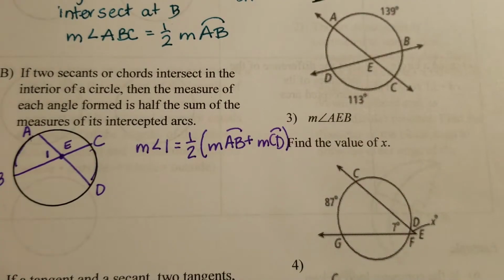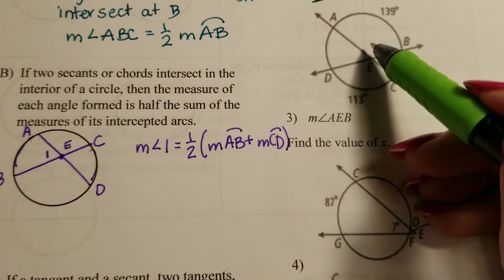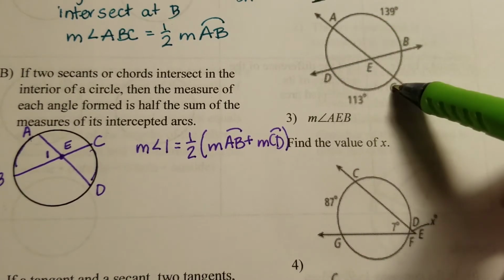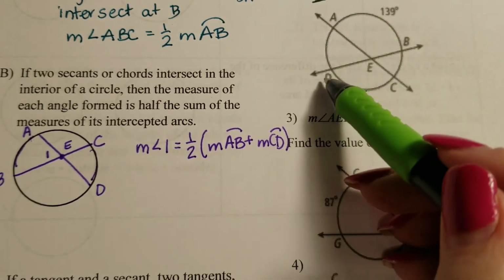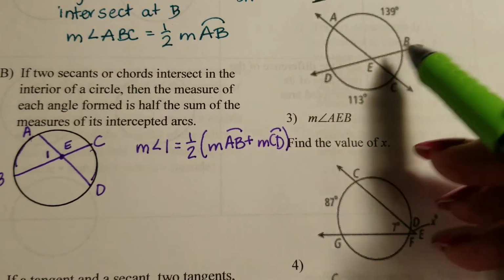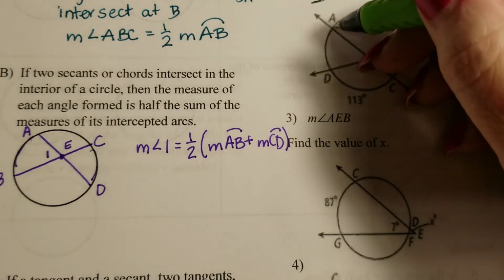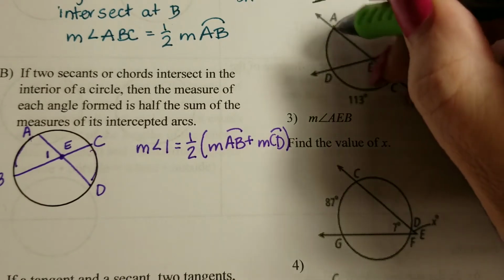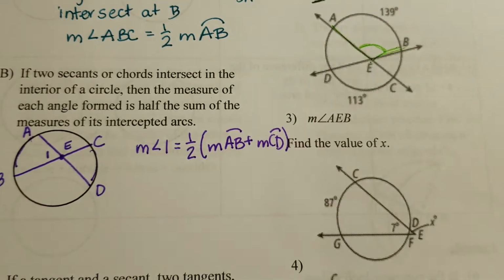So let's take a look at what that is like when we're doing it on a problem. We've got this circle, and we've got the secant AC and the secant DB, and they intersect at E, and I want to know AEB. So this angle right here.